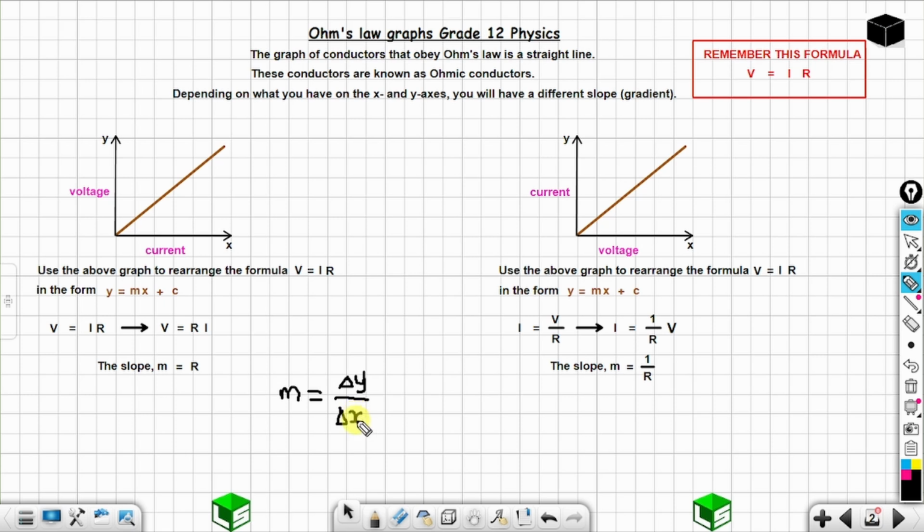Using this graph, your change in the y is the change in the voltage, over the change in the x, the change in the current.